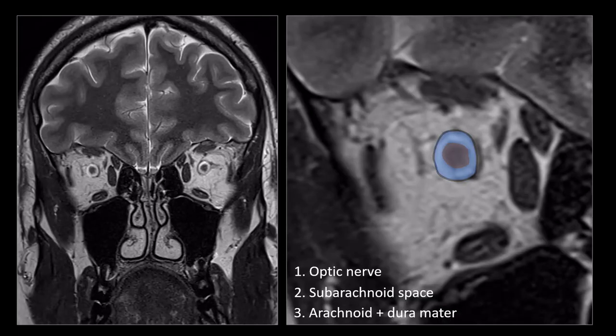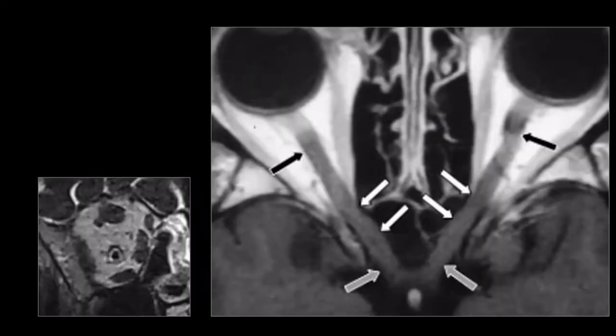The optic nerve is a diencephalic structure. The diencephalon is the embryological part of the brain out of which, for instance, the thalamus arises. So embryologically, the optic nerve is part of the brain, and it is also surrounded by brain meninges and by a subarachnoid space. And this will be important also when talking about pathology.